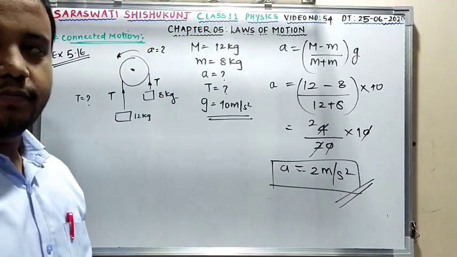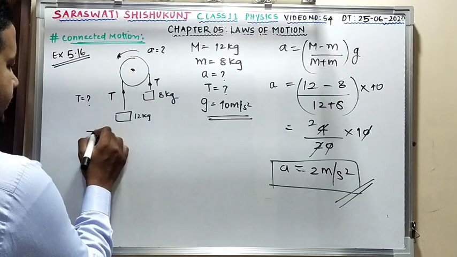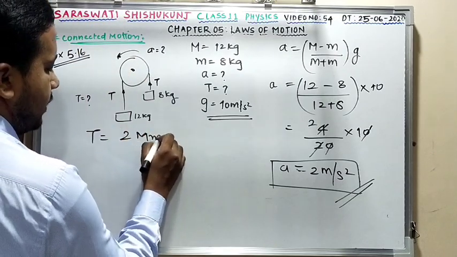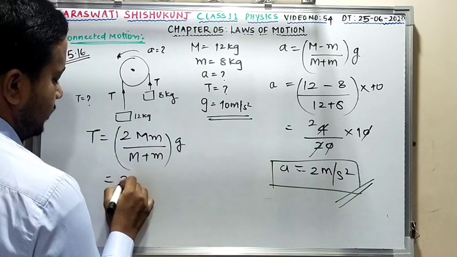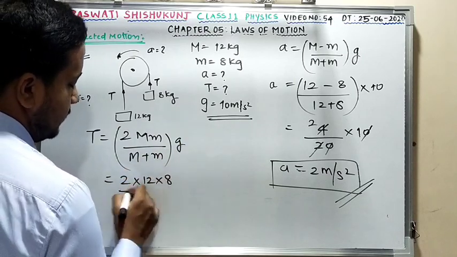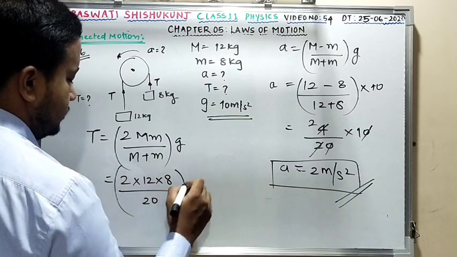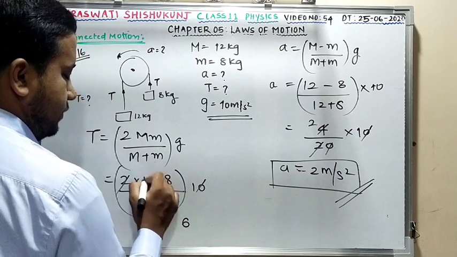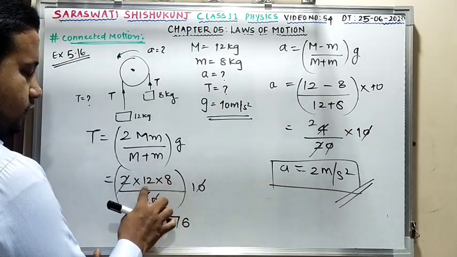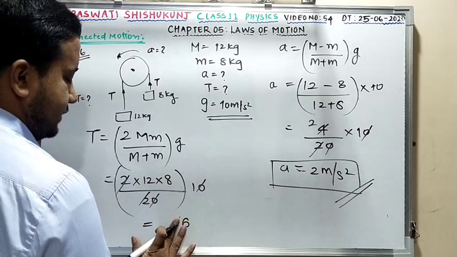Perfectly clear? Very good. Now if somebody asks for tension, the tension formula was 2 capital M small m divided by (capital M plus small m) into g. So put the values: 2, 12, 8, divided by 20 into 10. The 2 cancels. So 8 times 2 is 16, 1 carry, 8 and 1 is 96.